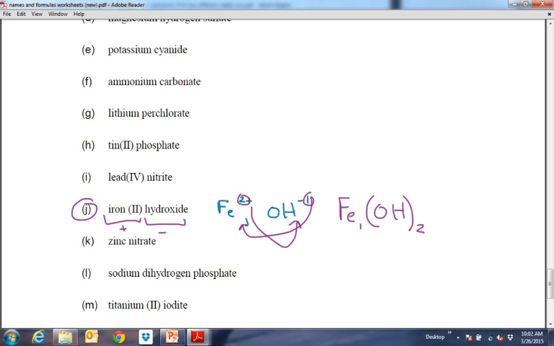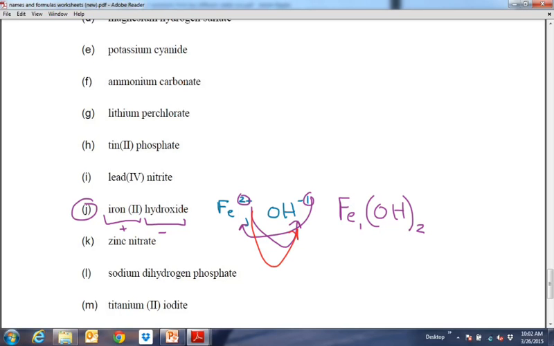Why do we have to do the parentheses on that one? Because you need two OHs. No, because the 2 is just for Fe. Right.